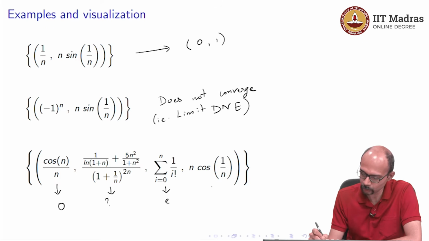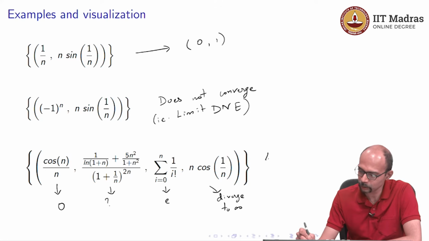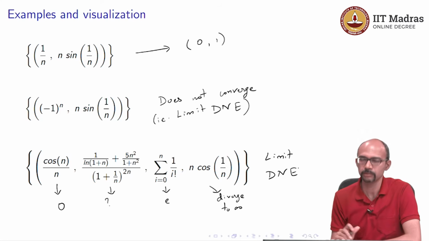So, this is going to diverge to infinity. And what does this mean? That means that in this sequence as a whole, as a sequence in R4, 3 of these coordinate sequences do indeed have limits, but the fourth one does not. So, this limit also does not exist.